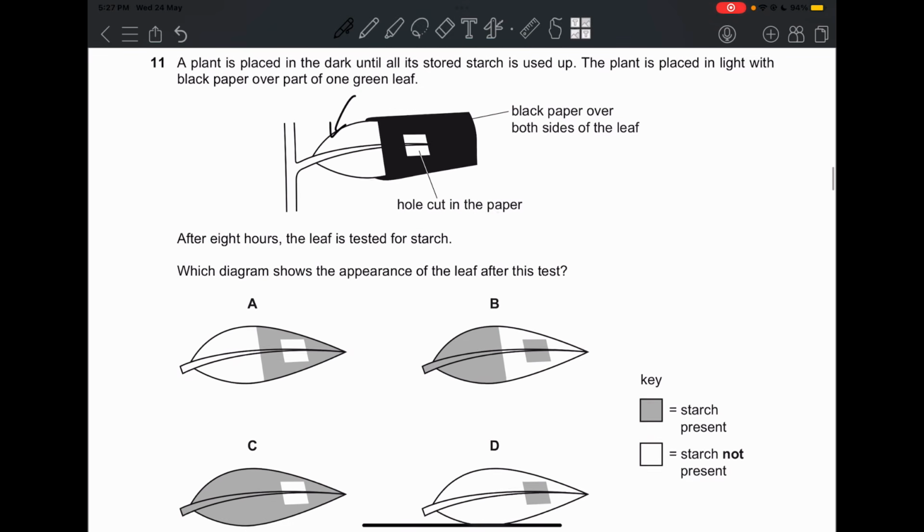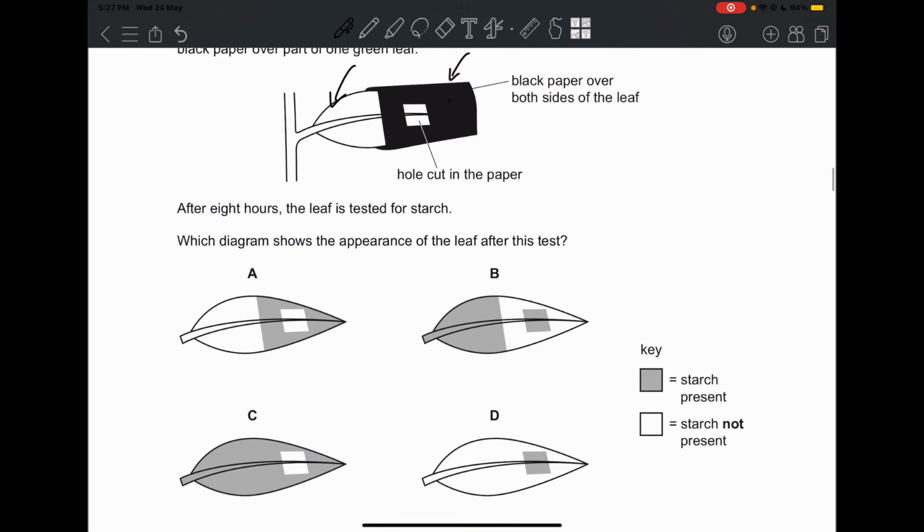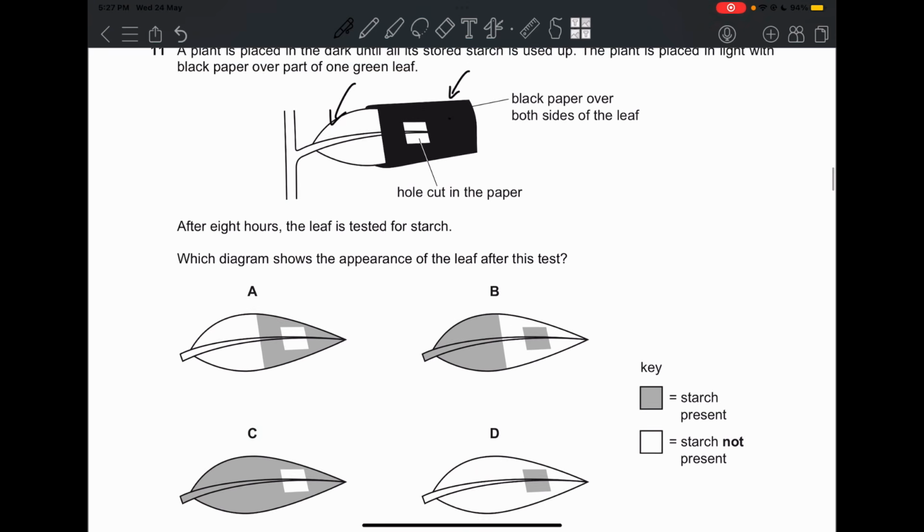Now, over here, it shows that there is a black paper over both sides of the leaf, so the leaf is covered from the bottom side and also from the upper side, as it's shown in this picture. And they left a hole in the black paper. They left the rest of the leaf uncovered.